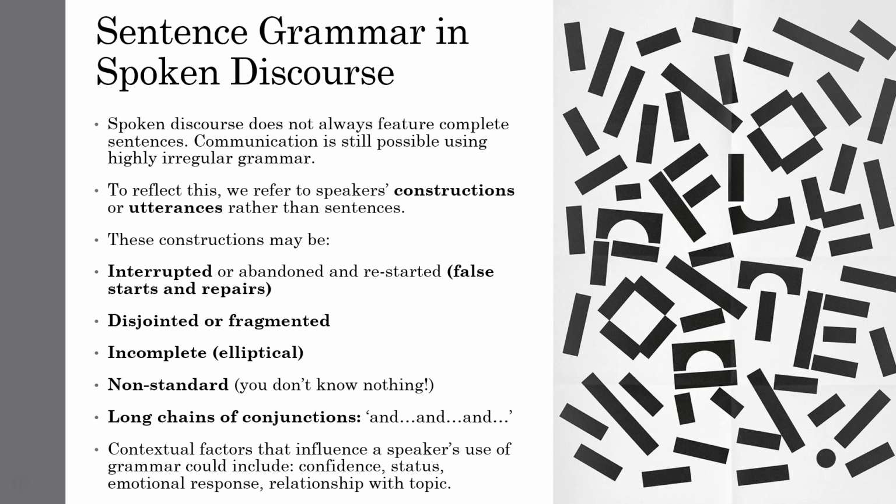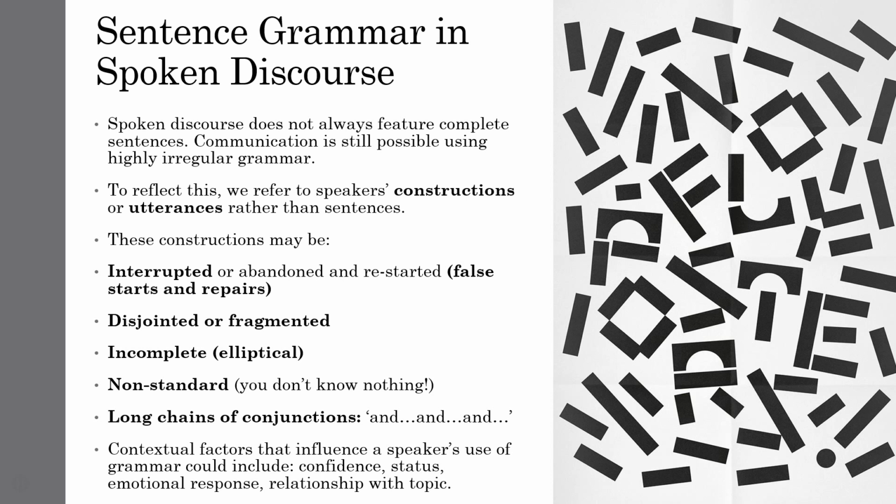Yes, we do speak in grammatical units, and we can call those grammatical constructions, but they aren't necessarily sentences, and we shouldn't try to apply the rules of sentence grammar that we would apply in writing to spoken constructions, because we just don't need that level of precision in order to convey meaning. Punctuation, for example, is redundant in spoken language.